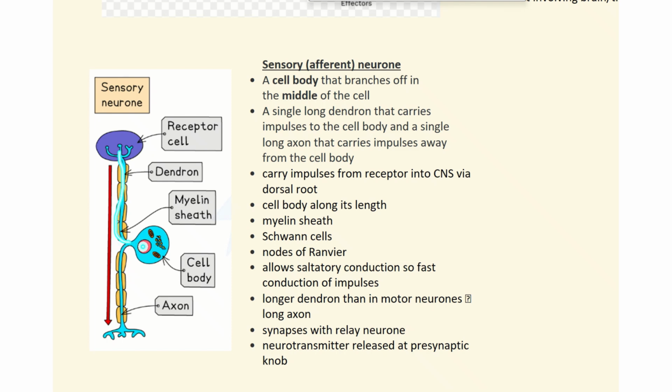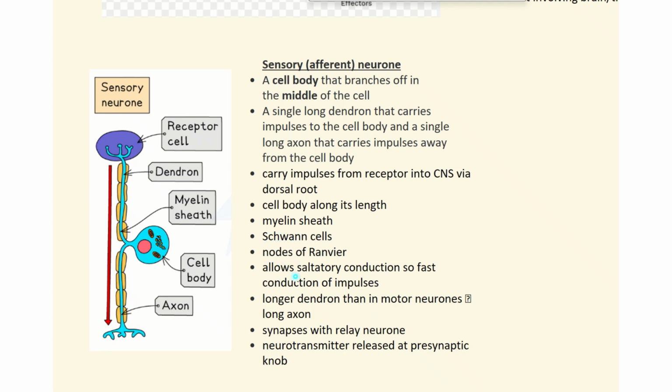And then from the cell body out, that structure is called an axon. This is new to us, this fact that we've got a dendron here. Only sensory neurons have a dendron. They have a long dendron, quite long. And everything else is as it is with the rest of the structure of the nerve cell.